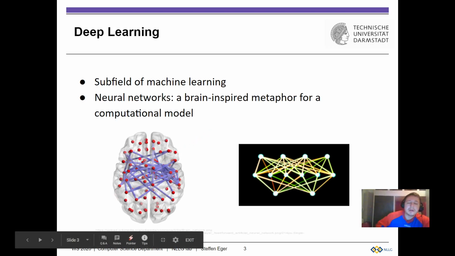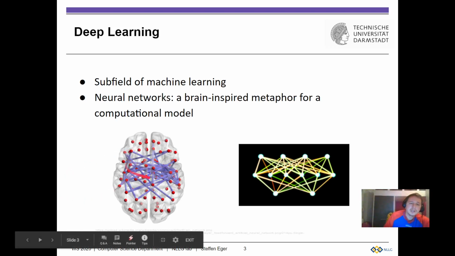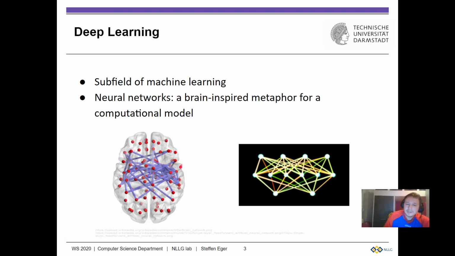So the idea from a psychological and biological perspective is that the brain consists of something which we see here in red, which biologists and psychologists call neurons, and those neurons are connected to each other via those links, and then we have activation patterns in the brain. So if something is firing, it's also activating neurons with which it is connected.